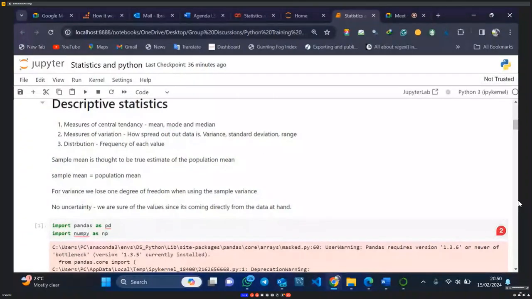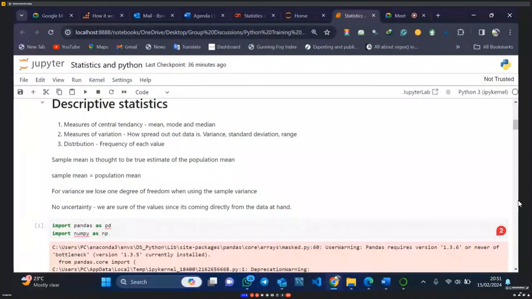Are we talking about hypothesis here, Jebet? I don't know. When you're calculating the mean under normal situations, it's the sum of everything over n, right? When you're calculating the sample mean, it's still the same formula. Still over n, but you need to minus 1.